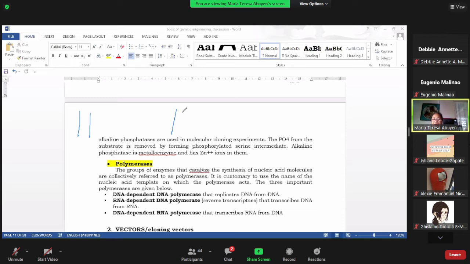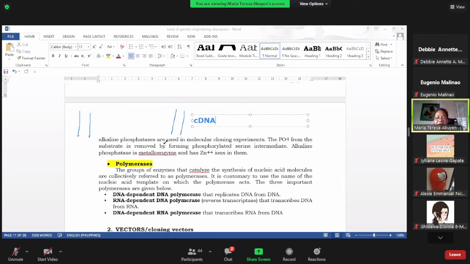So itong enzyme, magkukopya hiya didahin specific sequence para hiya makahimo in another strand. Tapos itong hiya nga newly synthesized strand nga naghimo reverse transcriptase from an RNA molecule, we call it as the cDNA or complementary DNA.